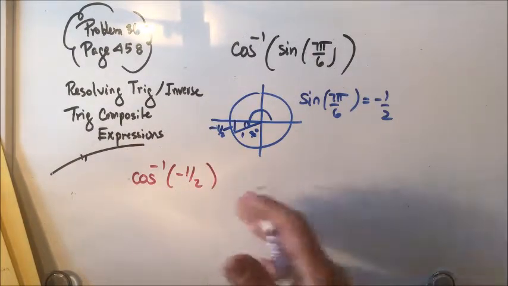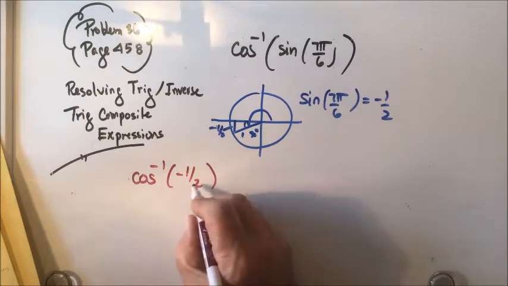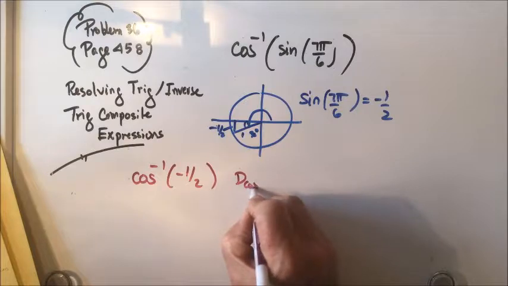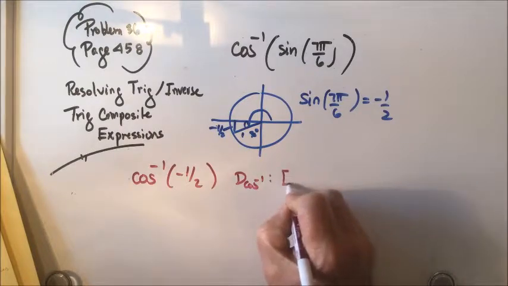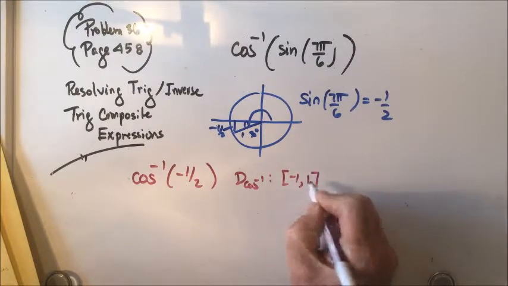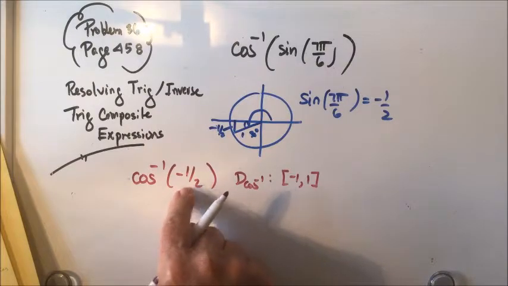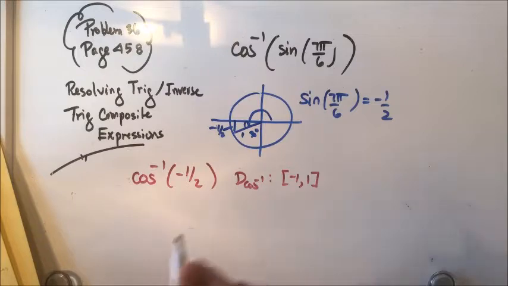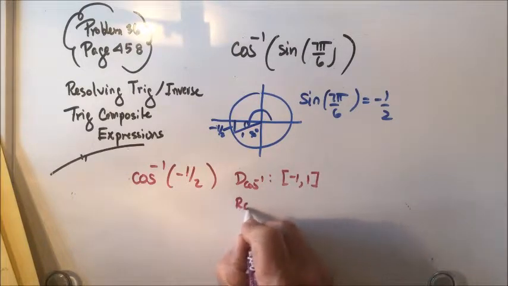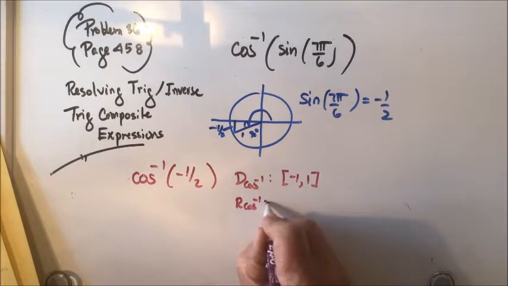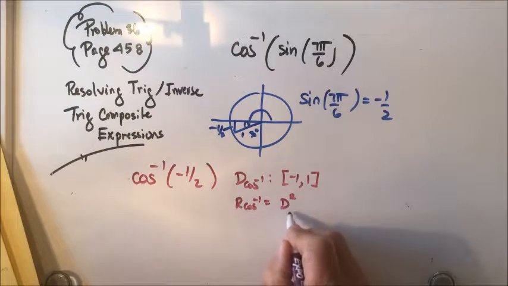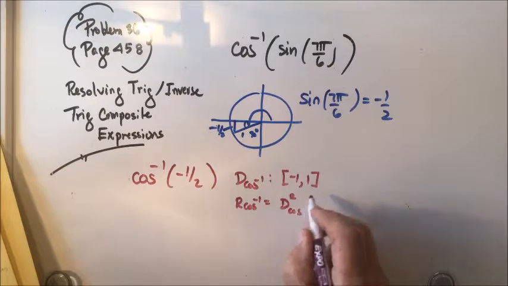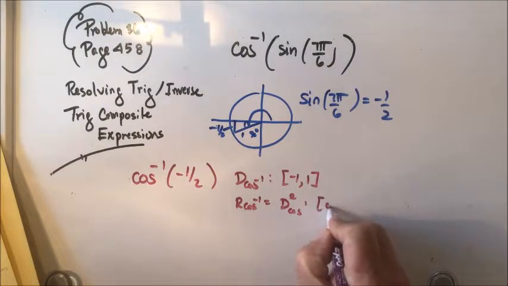Just as I did in the prelude, let's remember that the domain of the arc cosine is minus 1 to 1, so we're all good. I can put a minus 1/2 into an arc cosine. But let's remember that the range of the arc cosine is equal to the restricted domain of the cosine, and that is 0 to pi.